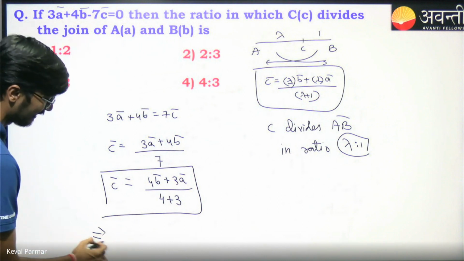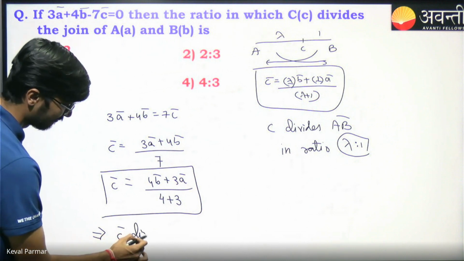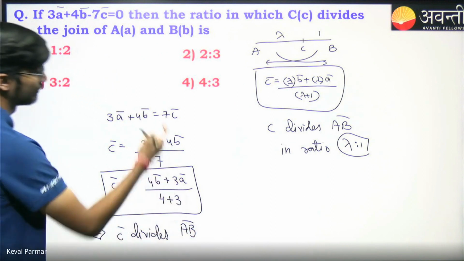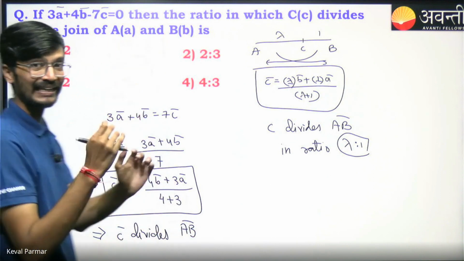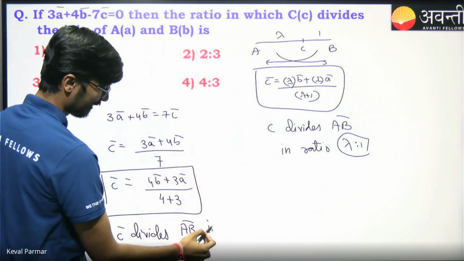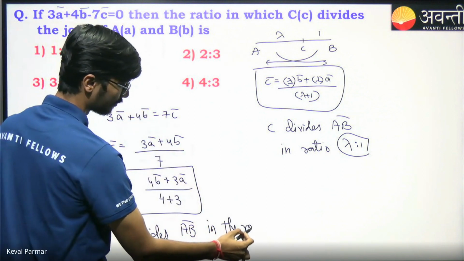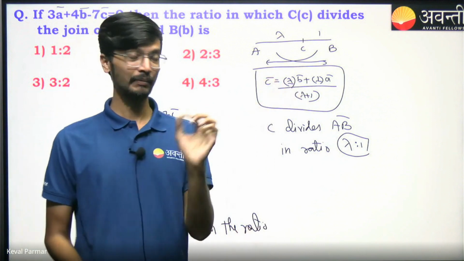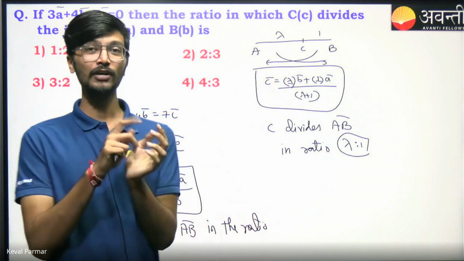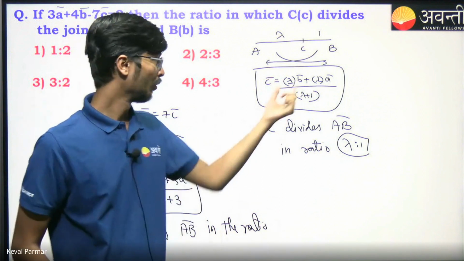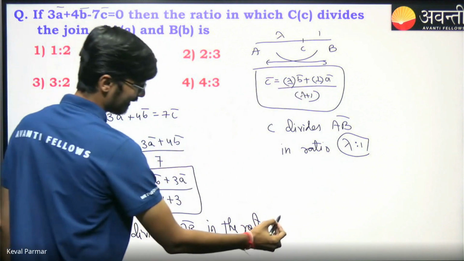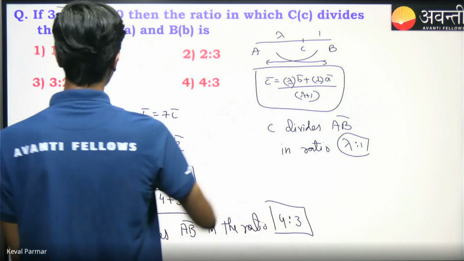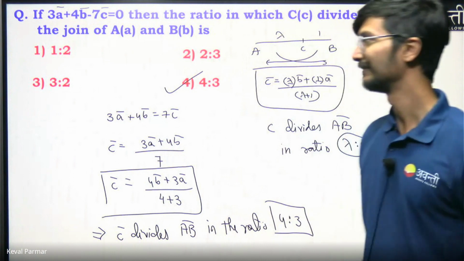So C divides AB bar, and since it is AB bar, first the coefficient of B comes. Please remember, if it is AB bar, first we have to write the coefficient of B. What is the coefficient of B? 4, in the ratio 4 is to 3. This is my answer.